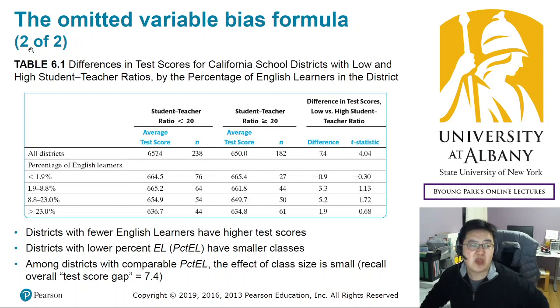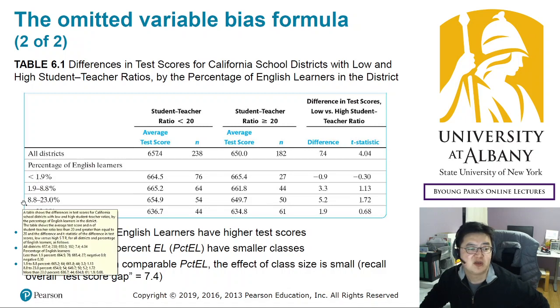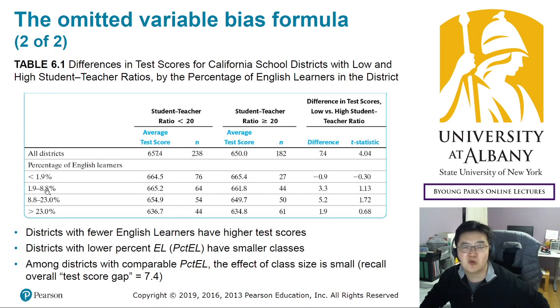So we now prepared additional rows which use the percentage of English learners. So ESL students can be lower than 1.9%, and between 1.9 and 8.8, and like that. I don't know why the authors chose this interval.